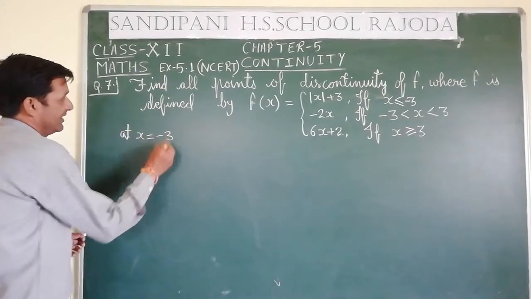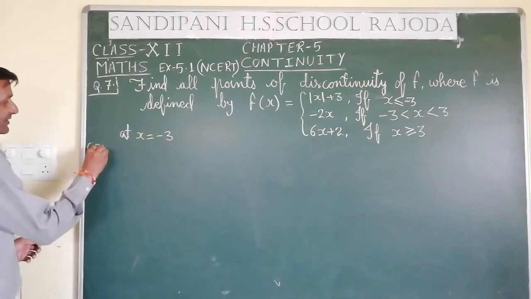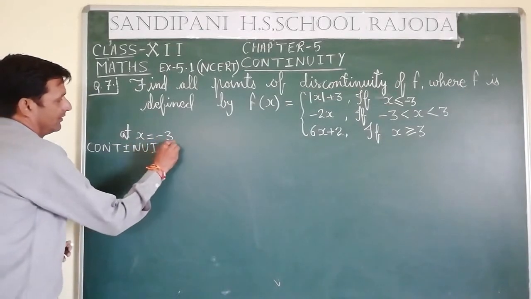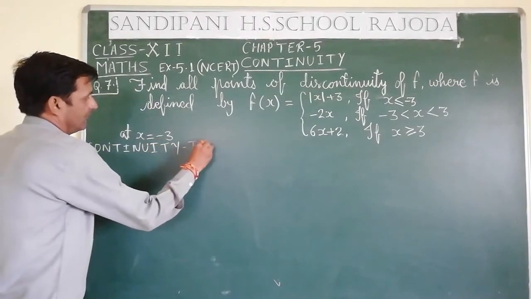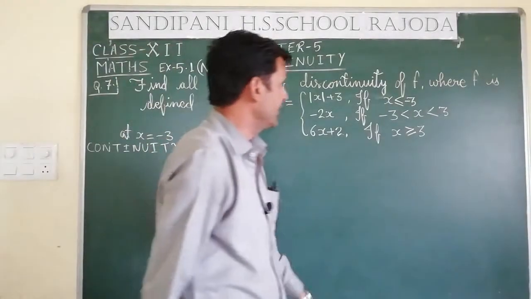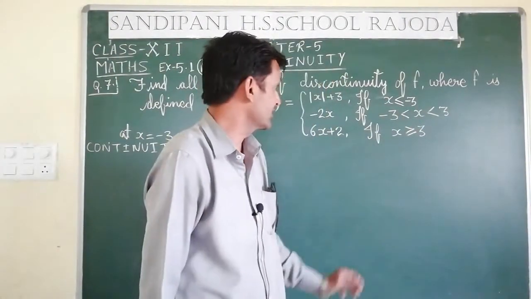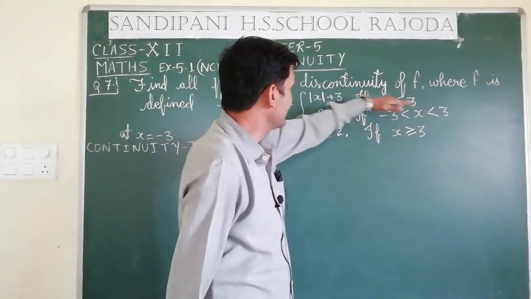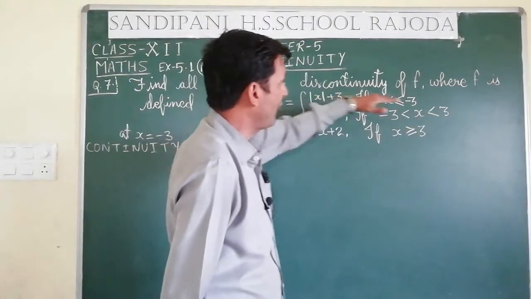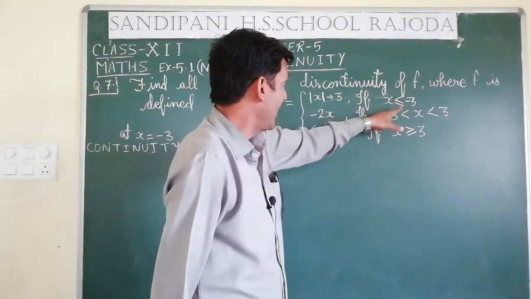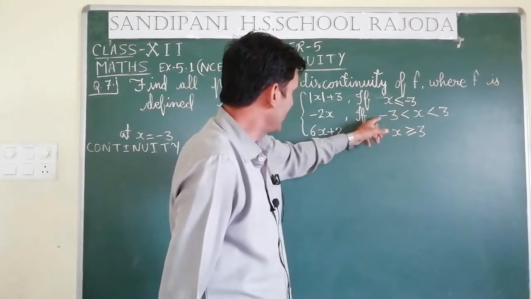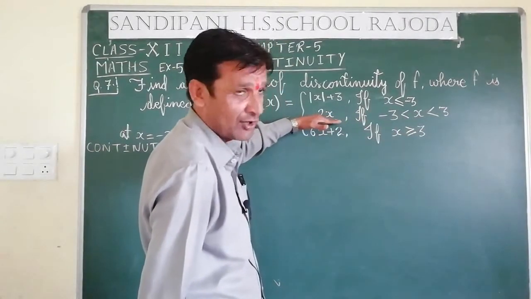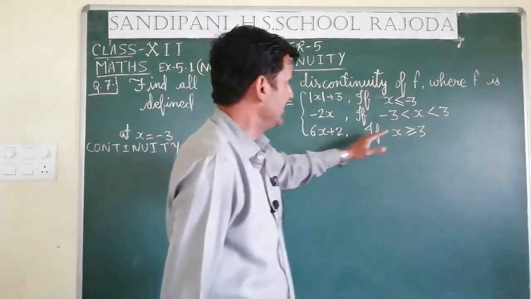At x is equal to minus 3, the continuity test. It is well clear here that there are 2 points where we have to discuss the continuity, at minus 3 and at 3. Minus 3 has the LHL part, and f of minus 3 is also this only. F of minus 3 plus h, that is called RHL, is given in this part of the function, which is minus 2x for less than 3.